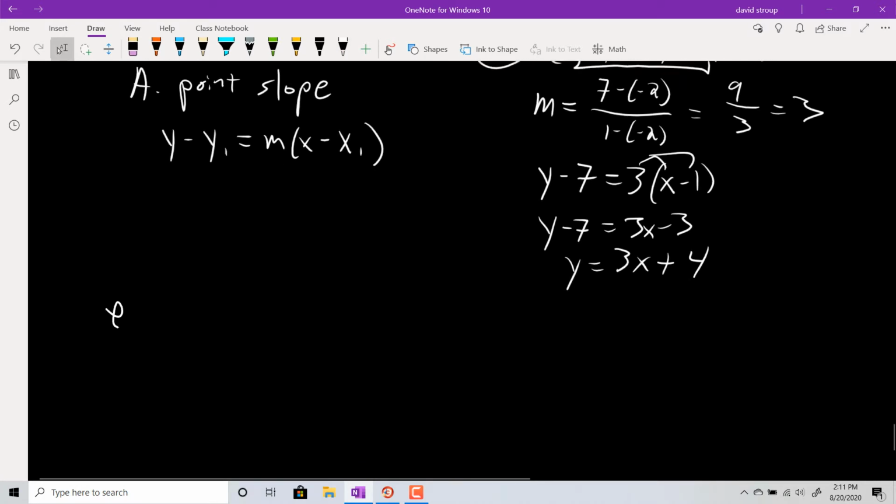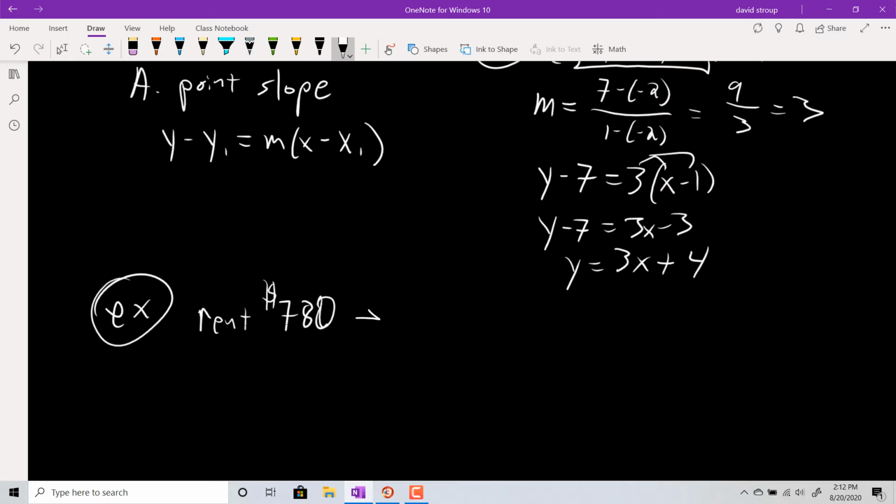Okay, application type problems. So this example is about apartment rental, and they want you to find a linear function to describe the scenario. So in this scenario, when they charge a rent of $780, they found that they had 50 people renting the apartment.